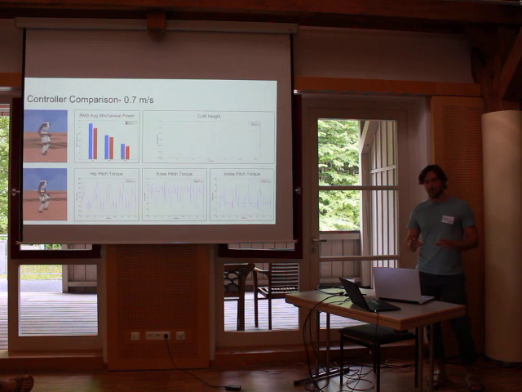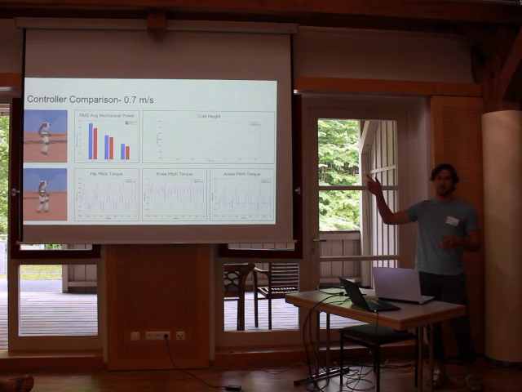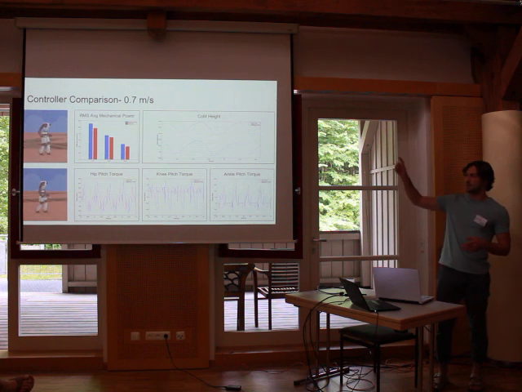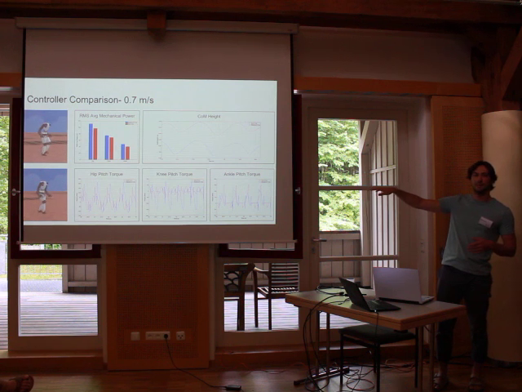So we set up a couple comparisons of steady state walking, 20 seconds of steady state walking, to compare the two controllers at 3 different speeds. This is 0.7 meters per second. And so at the top is fast walking, the bottom is regular, everything in blue is the baseline, everything in orange is fast walking.